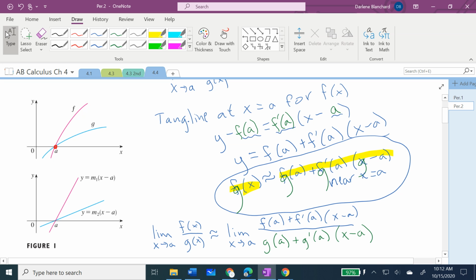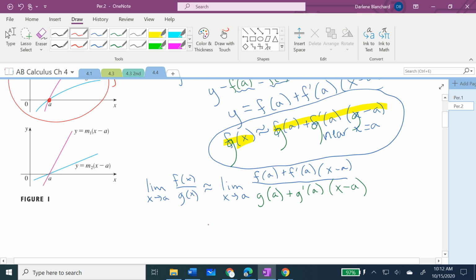If f of a and g of a are both equal to 0, as you see in this picture, then when I come back over to this approximation and I replace these two with zeros, I lose the addition in the numerator and the addition in the denominator that holds me back from being able to cancel x minus a.